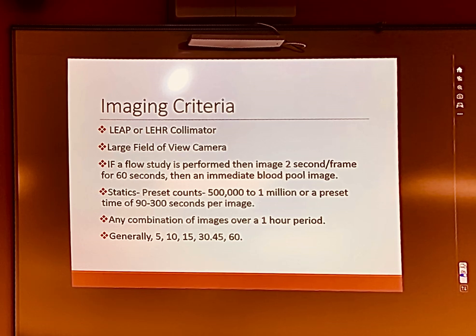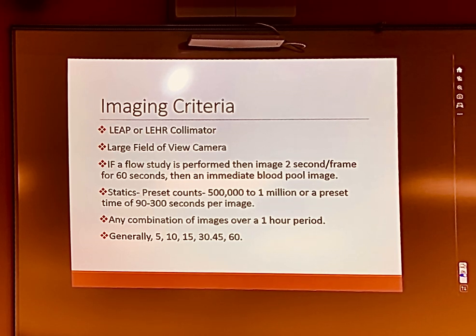So if your protocol is to do everybody dynamically, but you have a lot of patients, when you call your radiologist, you say, hey, patient flow, I couldn't hold the camera up for an hour, so all the HIDAs are static today. They go, okay, I don't care. When you do multiple patients in a row that are static acquisitions, it's very important to make sure that your timing is labeled correctly, because you may not get every single person at exactly 5, 10, 15, 30, 45, 60.